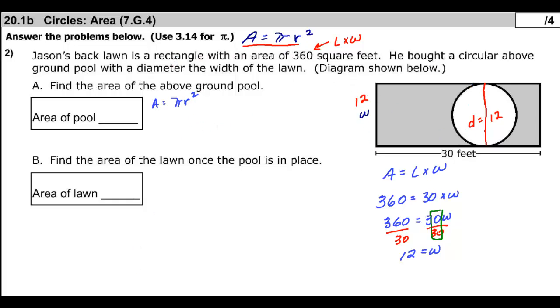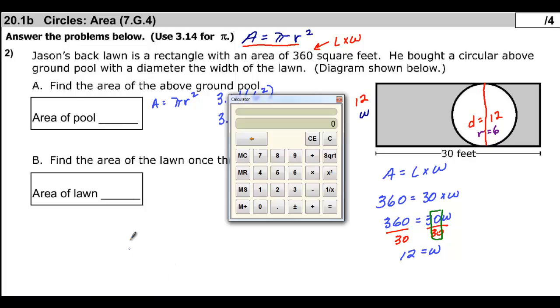Area, we need the radius of that circle. Well, if the diameter of a circle is 12, its radius is half of that. Its radius is 6. So we're ready to do this problem now. We have 3.14 times 6 squared, which is 3.14 times 36.